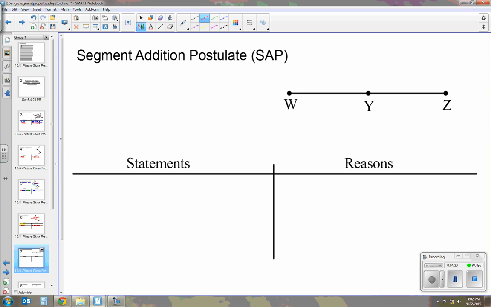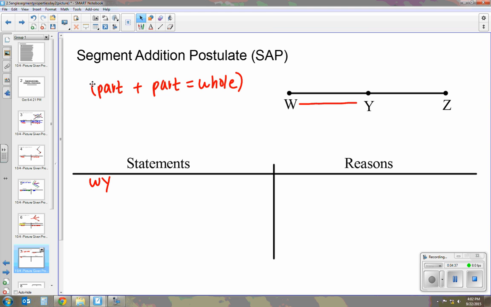Now our next one is a segment addition postulate. Just like the angle addition postulate, we're going to do the part plus the part equals the whole thing. Except now we're adding segments. So we're going to take the first part, which is WY, plus our other part, YZ, and we're going to set it equal to the whole thing, which is WZ.